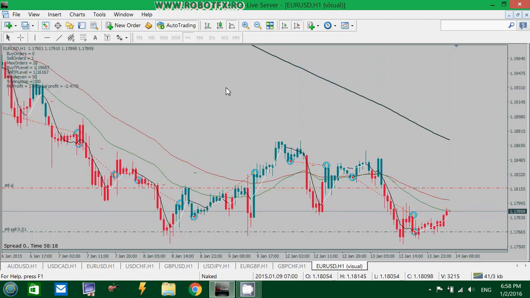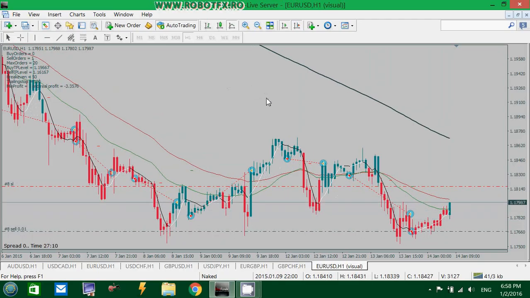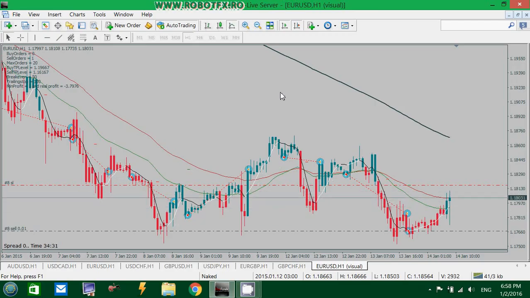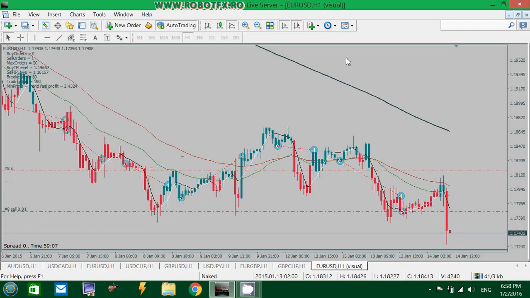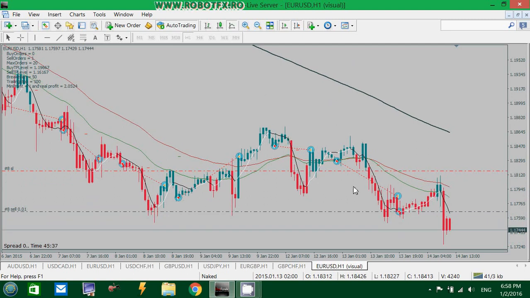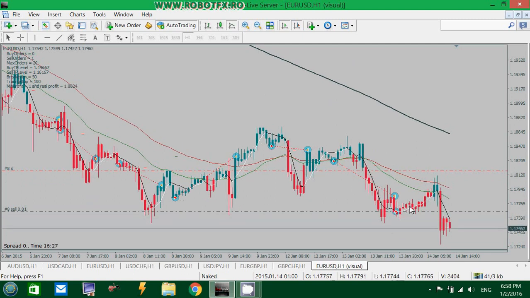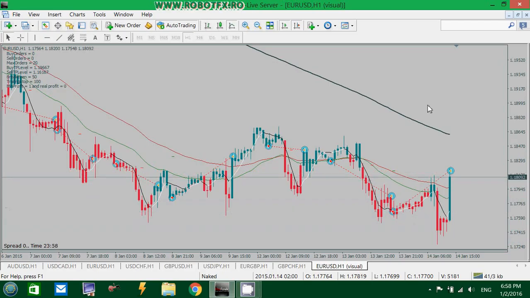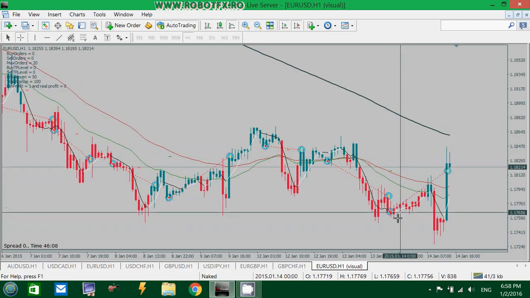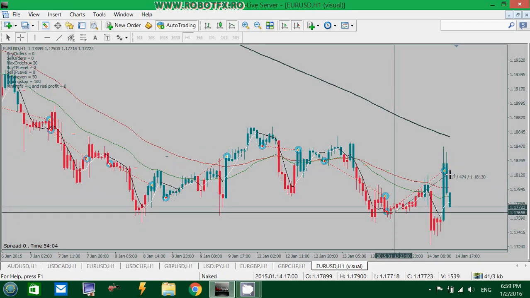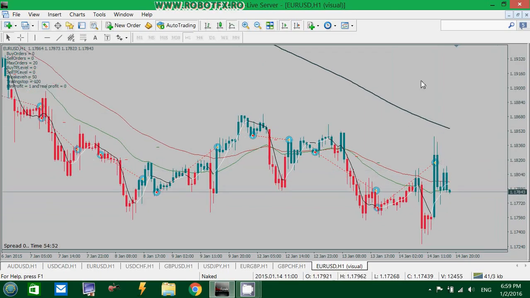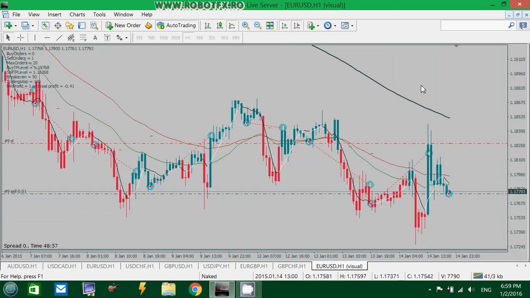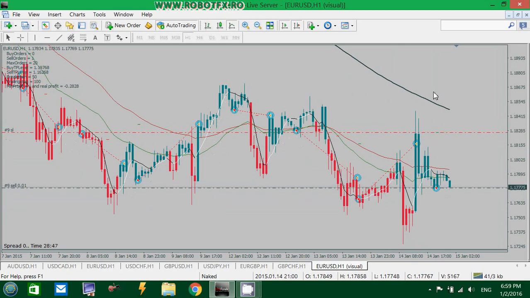45 pips profit. Immediately opening another one. Another loss. The price turned and had a fast move up, like a spike, and it hit our stop loss.